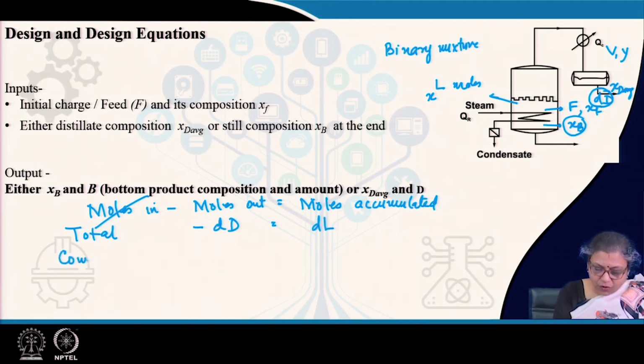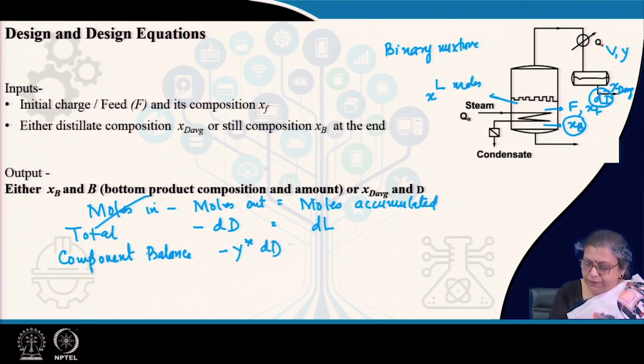If I do the component balance on the more volatile component, then in that instant of time, what is going to be collected? Minus y star dD. This y star is in equilibrium with the liquid composition here, right. So, what will be the moles accumulated at that particular instant?